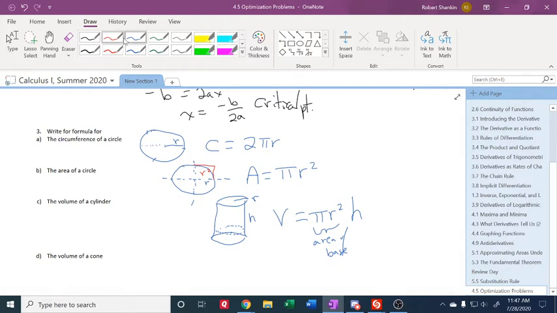Okay, and then the volume of a cone, you can put a cone right inside a cylinder. And then it would be right inside here. And it turns out that you can make 3 of those cones with the volume that you have from the cylinder.